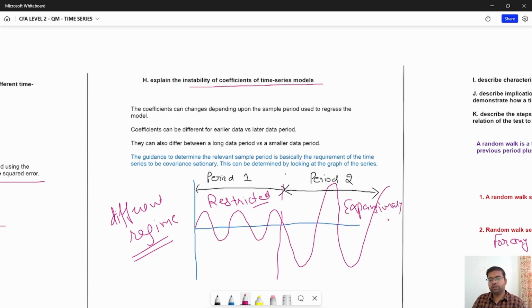So we know that both of these time periods will have different characteristics, so we cannot use the coefficients estimated using period 1 to calculate values of period 2, because the characteristics of period 2 have changed. Period 2 is an expansionary phase, so period 2 will have different values of coefficients. That's how you determine whether to use this particular data or not. So to calculate the coefficients, you have to determine which data period to use to train your model.